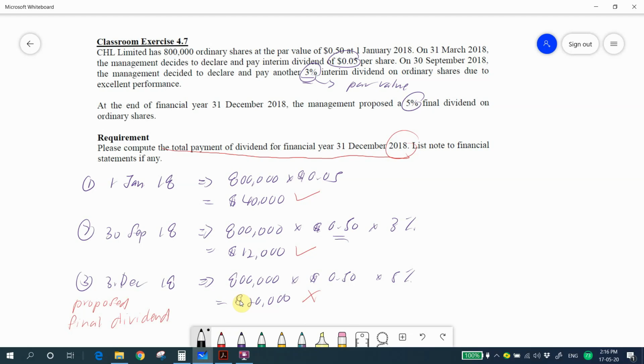So our total dividend is 40,000 plus 12,000. So we get 52,000. So this is the final answer.